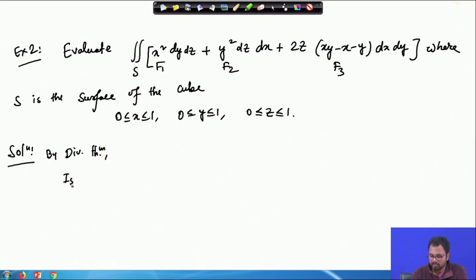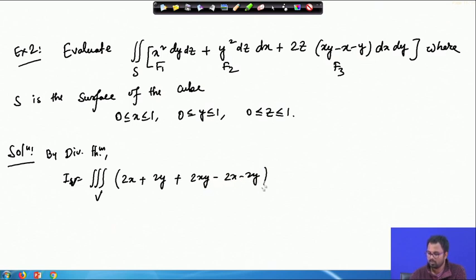So, our I_s, which is this surface integral, will reduce to our volume integral I_v, and del f1 del x will be 2x, then del f2 del y will be 2y, and then del f3 del z will be 2xy minus 2x minus 2y, dx dy dz.